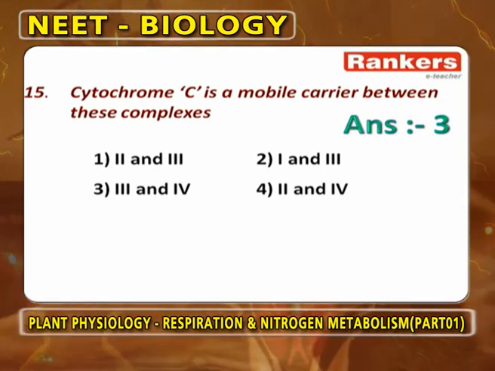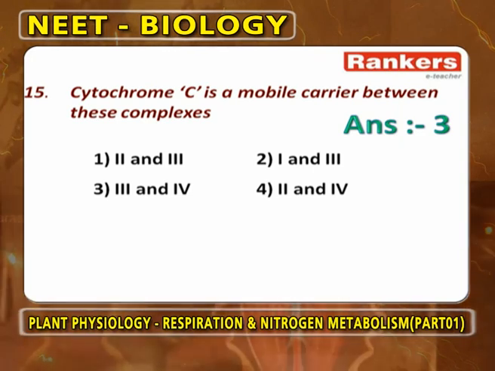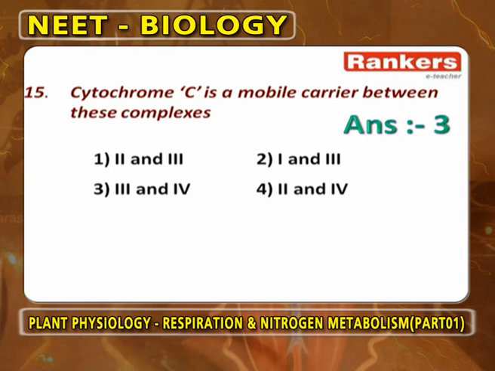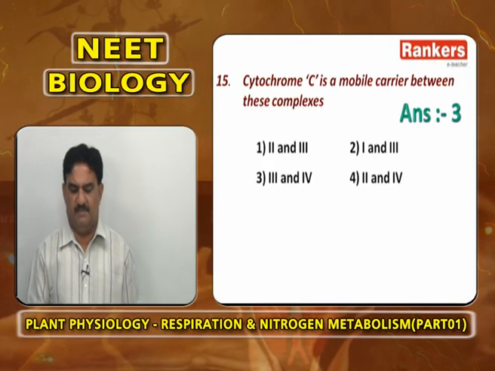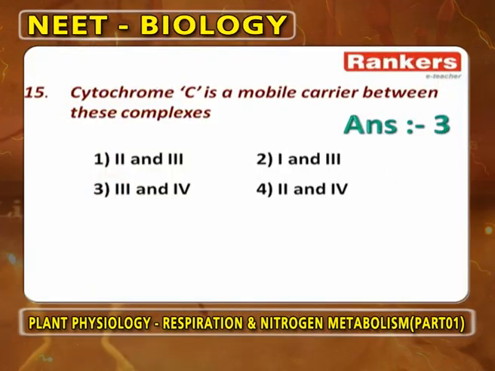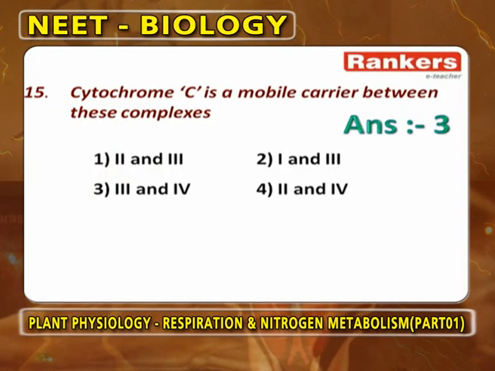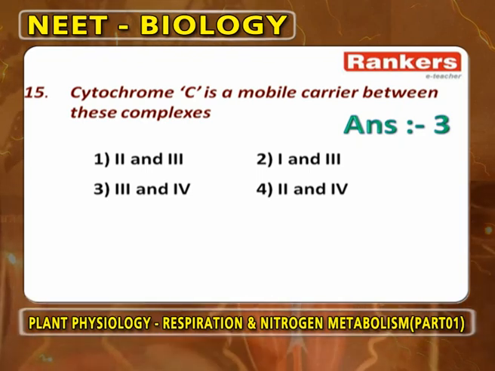Ubiquinone is a mobile carrier between complex 1 and complex 3, and complex 2 and complex 3. Cytochrome c is not a mobile carrier between 2 and 3, 1 and 3, or 2 and 4, but it is between the cytochrome c reductase complex and the cytochrome c oxidase complex, which are nothing but complex 3 and complex 4. So, the answer is 3.